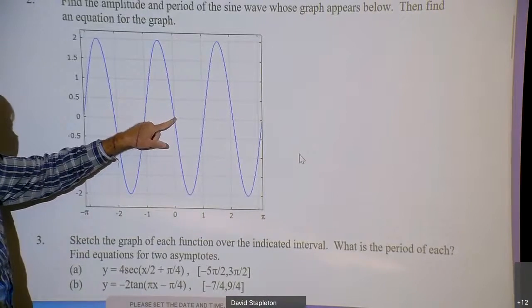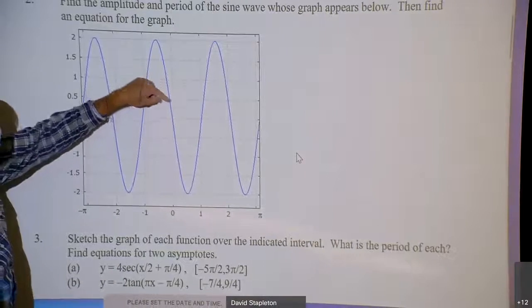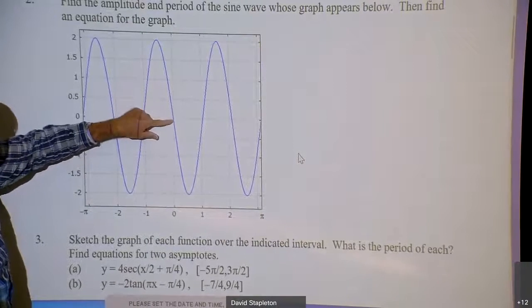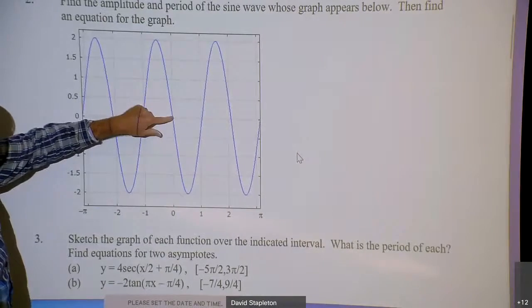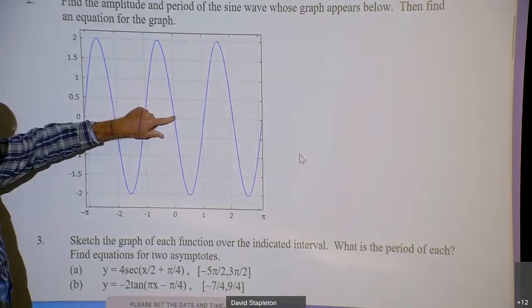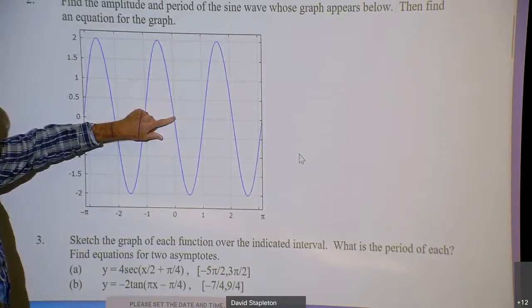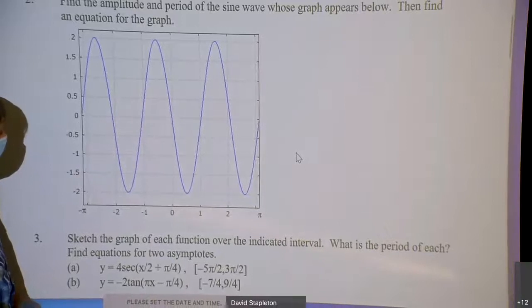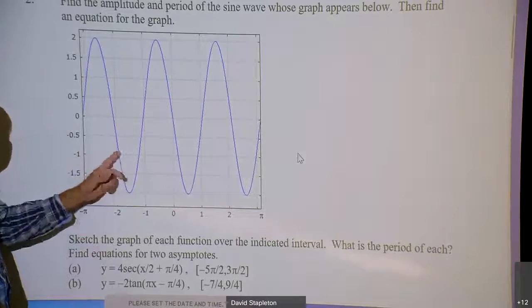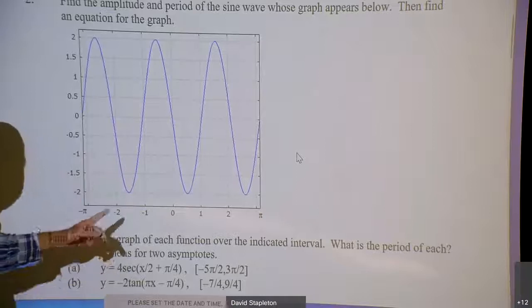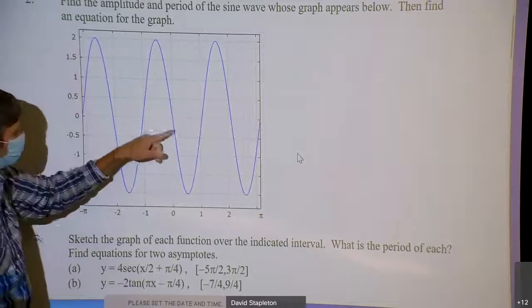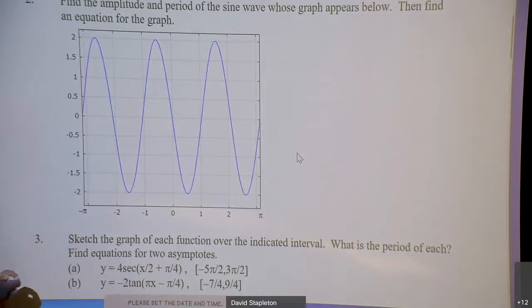Because that makes the shift 0. If you do that, now it goes down through the shift point, so it's a sine wave flipped. If you do the flipped sine wave with this as the shift point, then you'll get the answer that's on the sheet. You'll get minus 2 sine 3x for this graph.